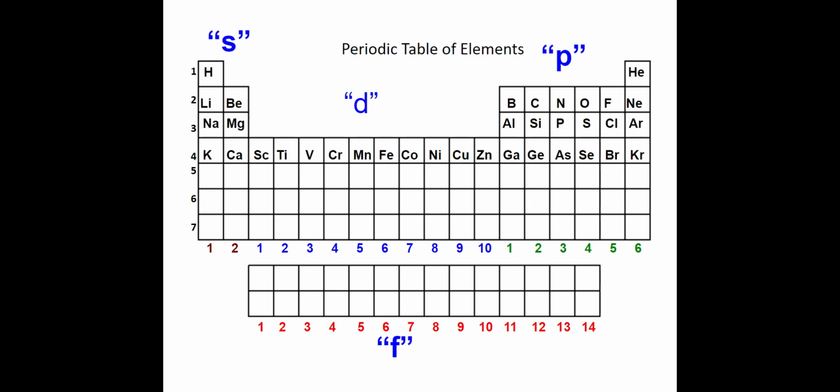The second energy level begins with the element lithium, and that has its outermost electron in the 2s1 subshell. Beryllium would be 2s2. Boron would be 2p1.